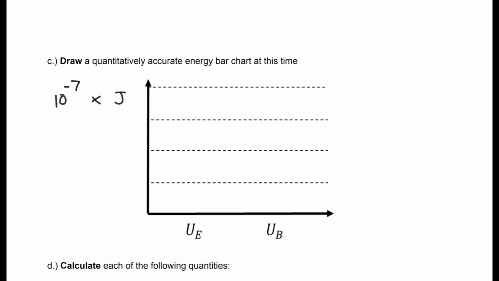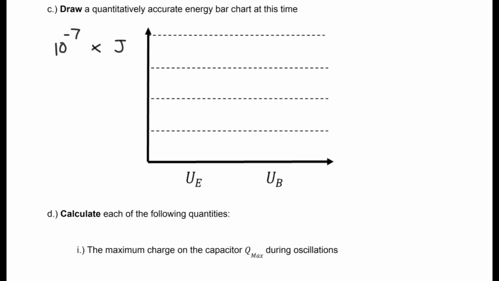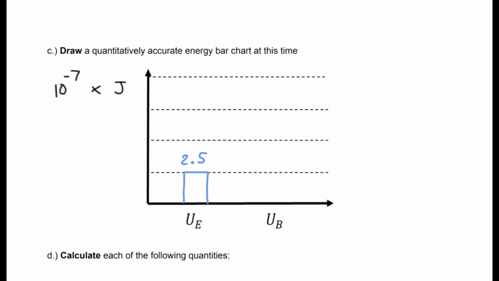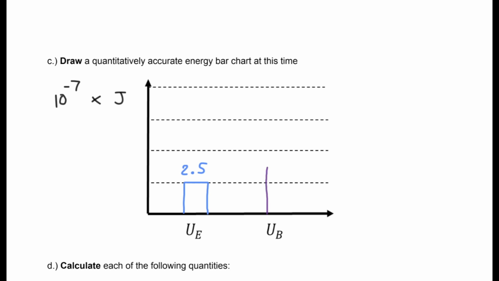I might just do 2s or 2.5s here. My energy stored in the electric field was 2.5, and my energy stored in the magnetic field was 8. So 8 is a little bit bigger than 7.5, so I'll just do something like that.